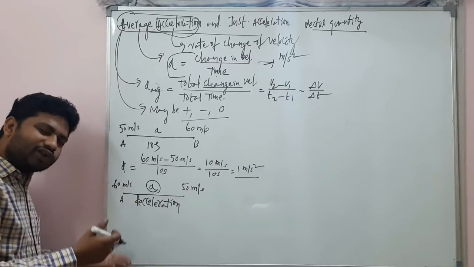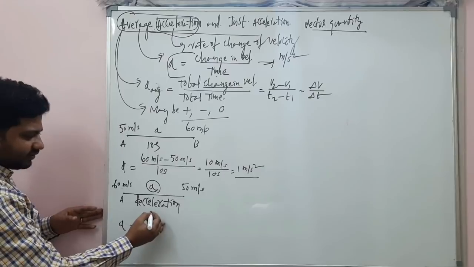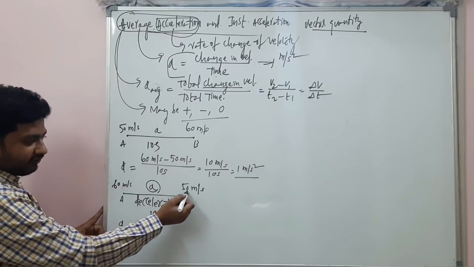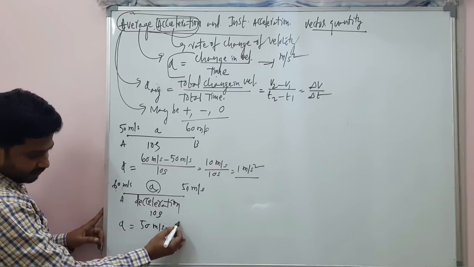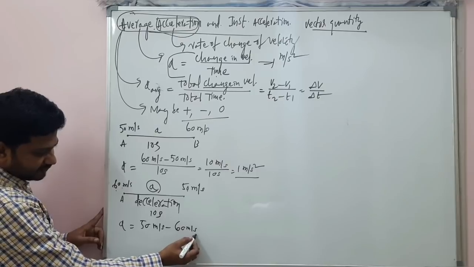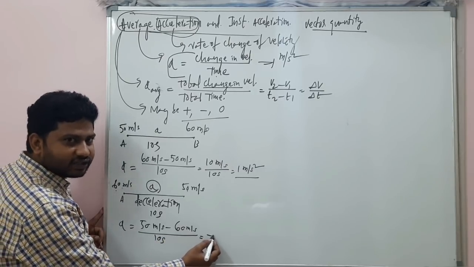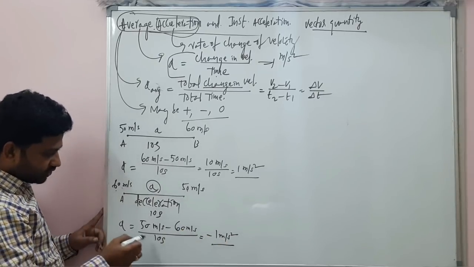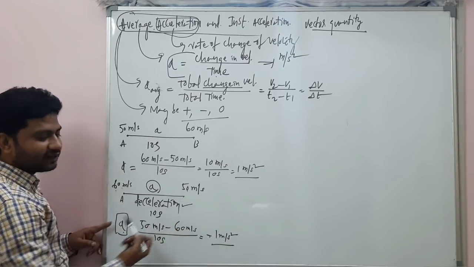And here this is also represented with the symbol a only. In the same 10 seconds it has happened. a is equal to final velocity minus initial velocity, 50 meters per second minus 60 meters per second divided by 10 seconds. So can I say it is minus 1 meter per second square? The same acceleration we have got as negative, so that is called the deceleration.